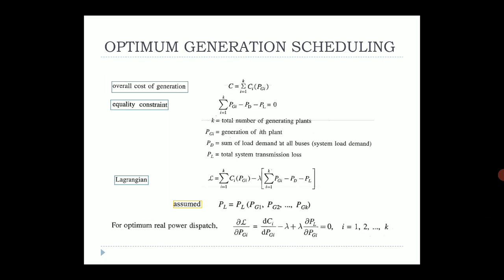Now we find the Lagrangian. Do not get confused by the Lagrangian. It is just a way to minimize a function. We have a function that we need to minimize, and we have another function that is a constraint on it, so we cannot minimize to just any value.